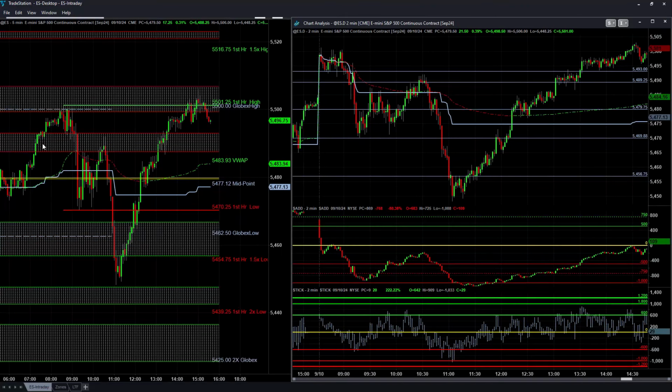Now, when you have this type of situation where you have a bias changing zone and then immediately you have the main area of resistance, which is a bias confirming zone, what we want to look for is whether buyers are able to hold ES above 93. And in order for buyers to hold ES above 93, which is yesterday's high, we would need to see signs of initiative buying.